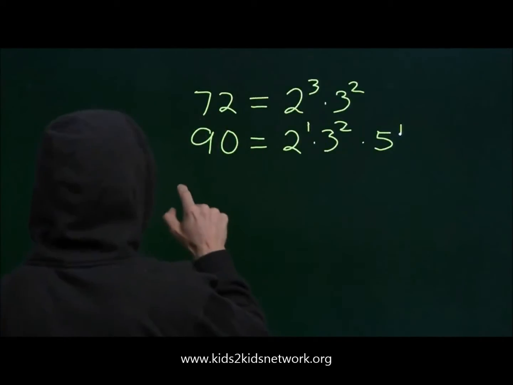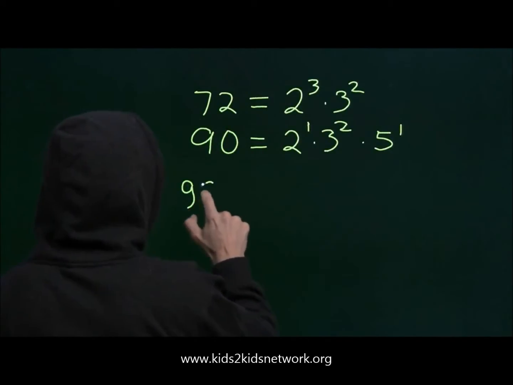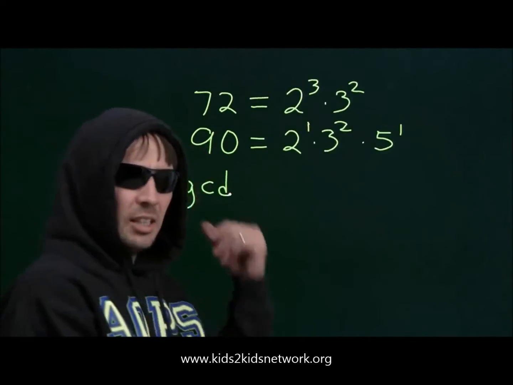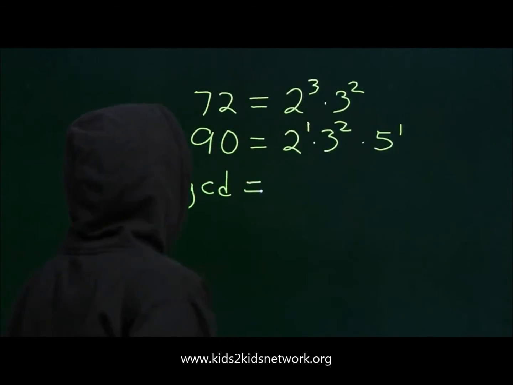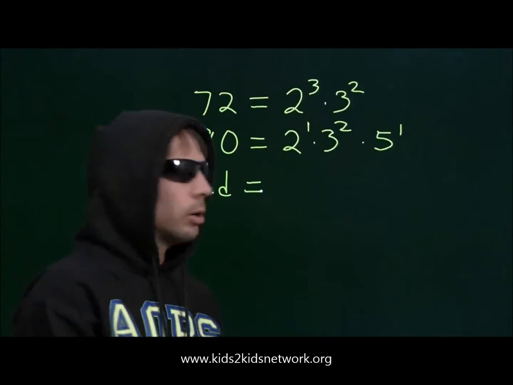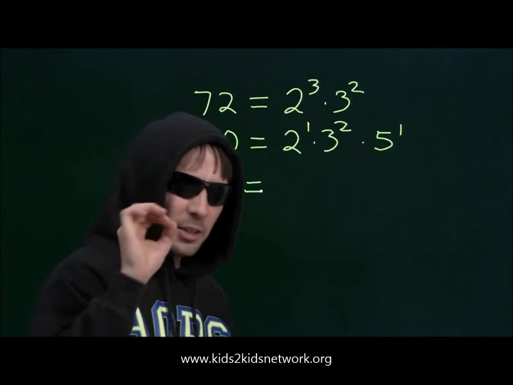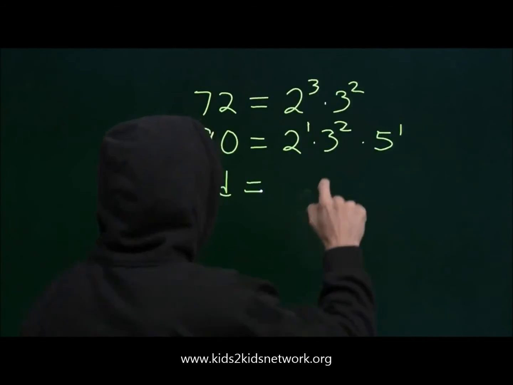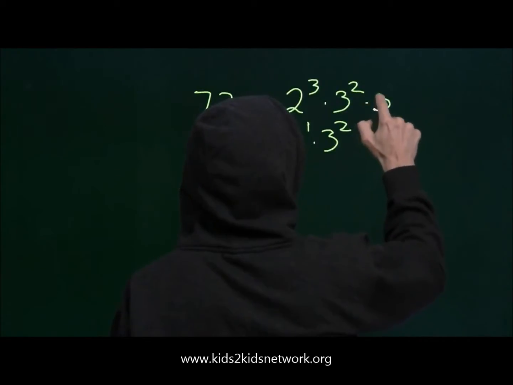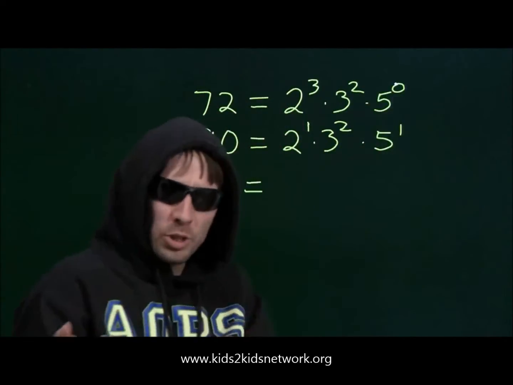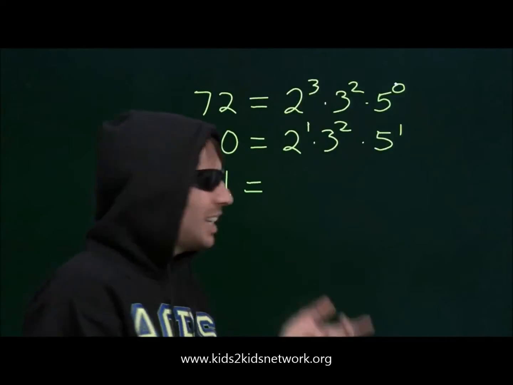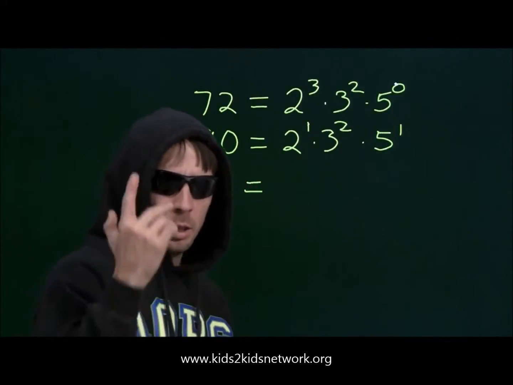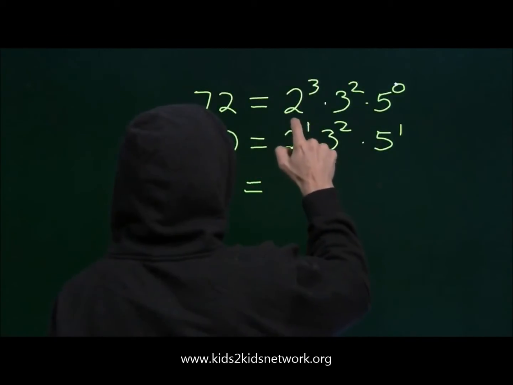Now let's take a look at the GCD. To get the GCD of these 2 numbers, we go through and we find the lowest power of each prime in the prime factorization. Now to get a real close look at what we're doing here, I'm going to go ahead and drop in a 5 up here. 5 to the 0, of course, that's just 1. So for my GCD, I take the lowest power of a prime in each of these prime factorizations.